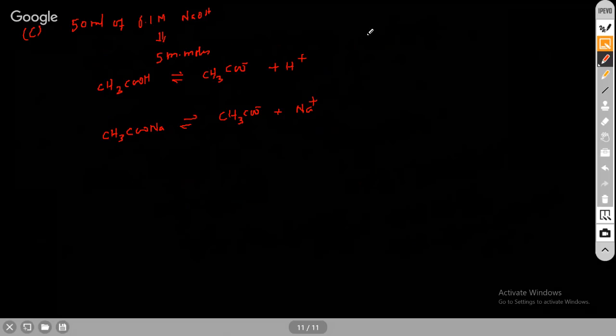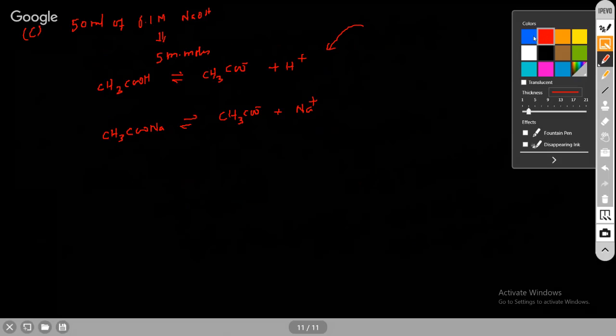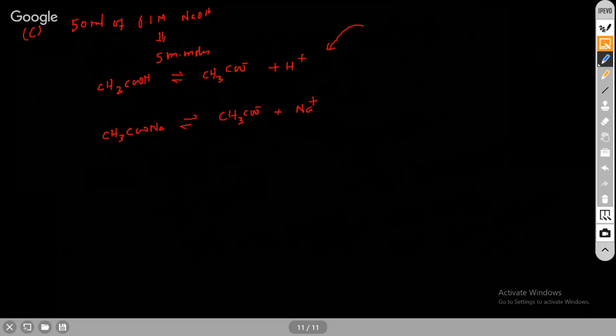Now in this solution, we are adding NaOH.